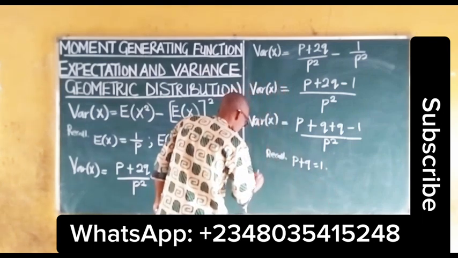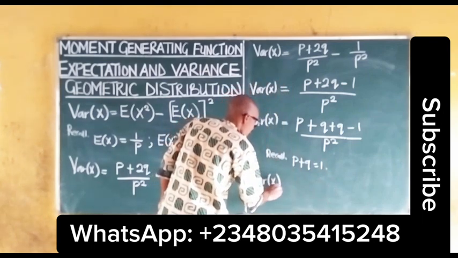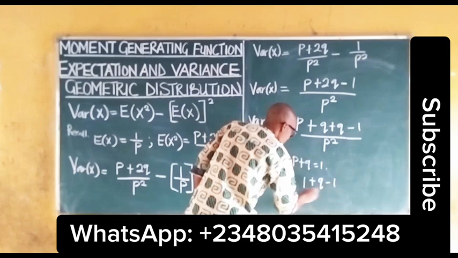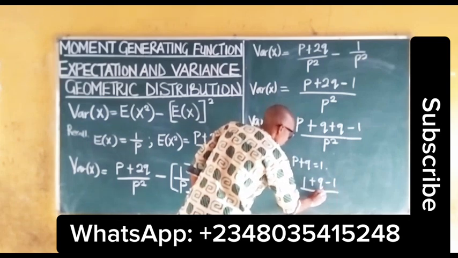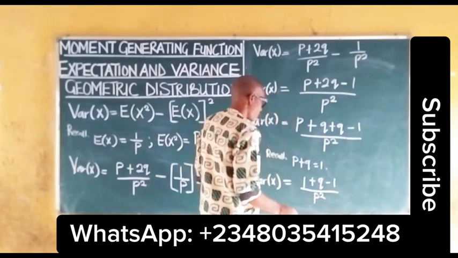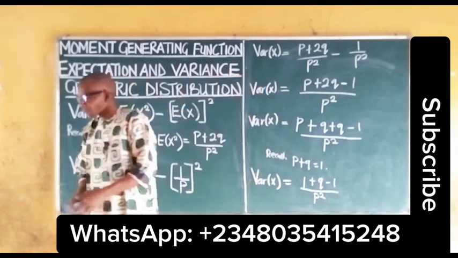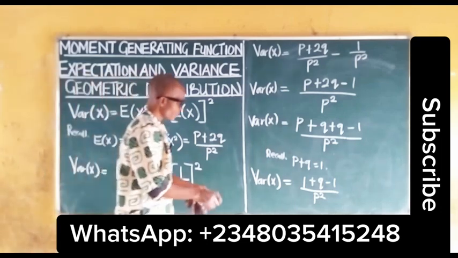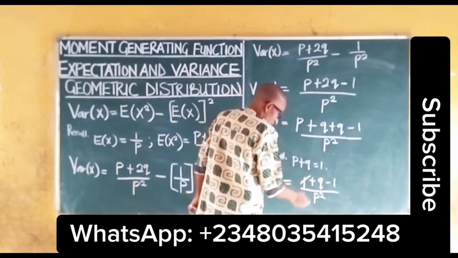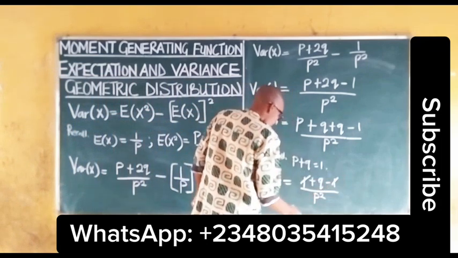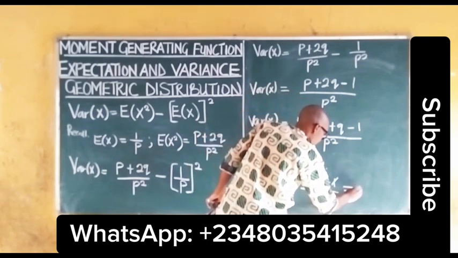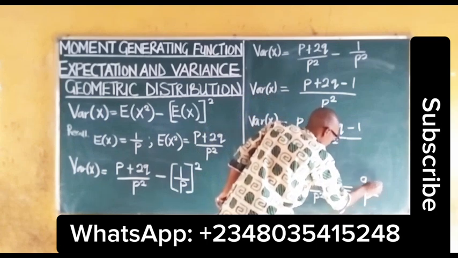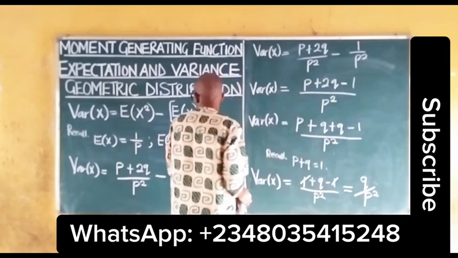It then means that our variance of x will now be equal to 1 plus q minus 1 all over p squared. Of course, we have something reasonable there. Of course, 1 will cancel 1 to give us q all over p squared.